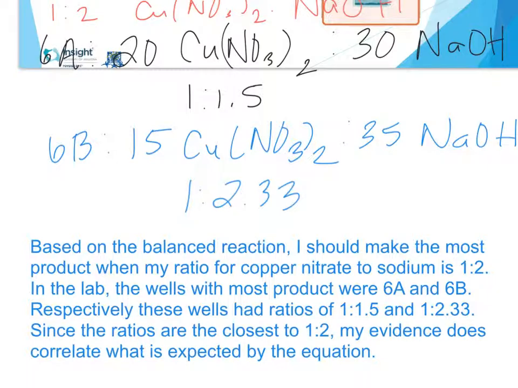If this doesn't make sense, please come and get help. For the most part, you should find that the ones that make the most are going to have the closest ratios to what you see in the balanced equation.